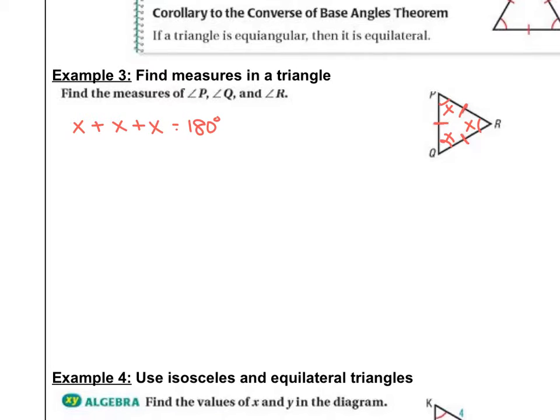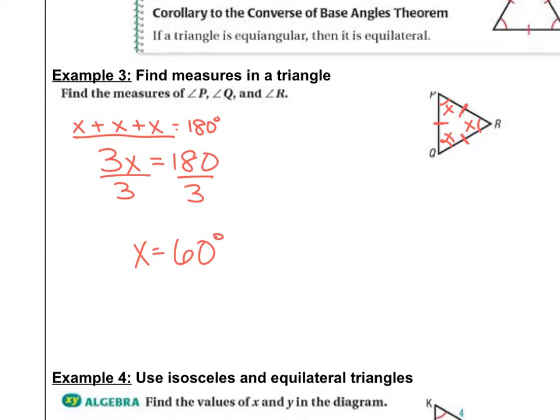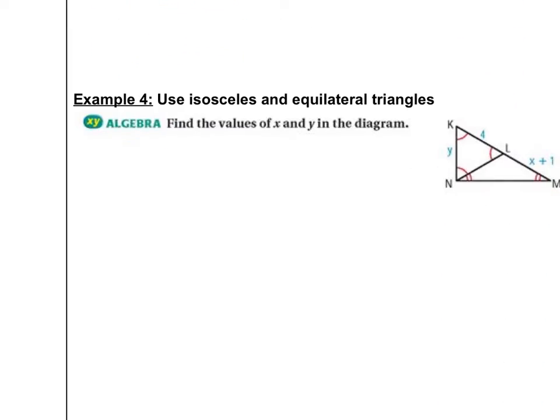Don't forget, a triangle adds to 180 degrees. 3 x's together gives me 3x. Divide by 3. X is going to equal 60 degrees. So each angle measure in here would be 60 degrees. This would be 60, this would be 60, this would be 60. All right, so that's how we use those corollaries.